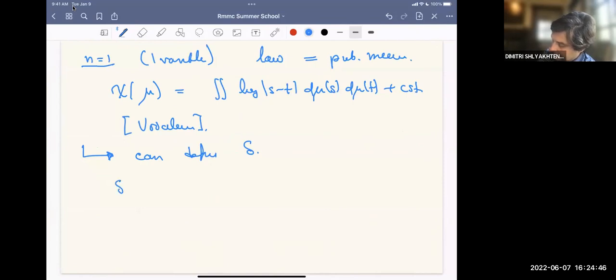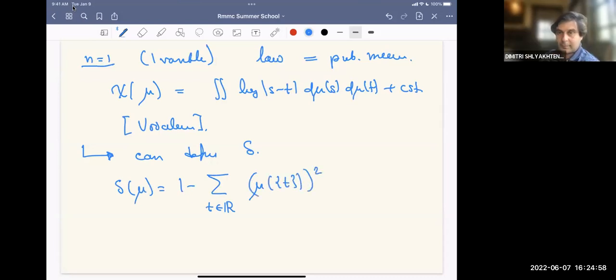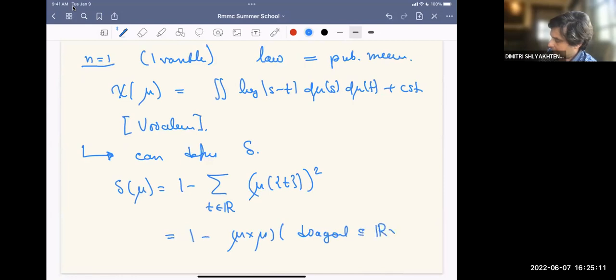What happens is that this delta of mu is just 1 minus the sum over t in R of the measure of t squared. So if you like, this is 1 minus the measure of the diagonal inside R plus R.